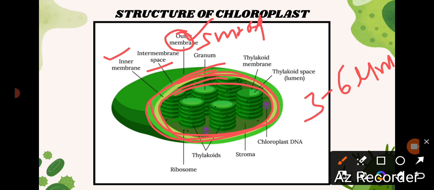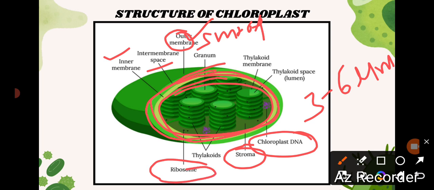Next we'll move on to the stroma. What is stroma? The stroma is the fluid-filled matrix inside the chloroplast. What does it contain? Double stranded, circular DNA, and ribosomes of the 70S type.